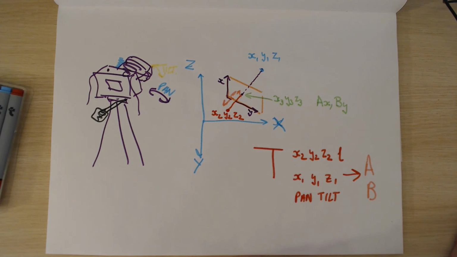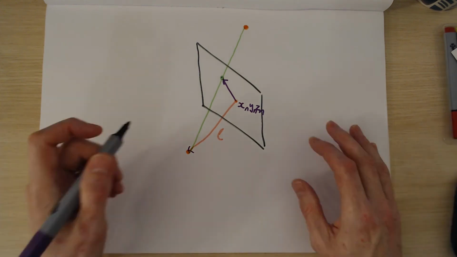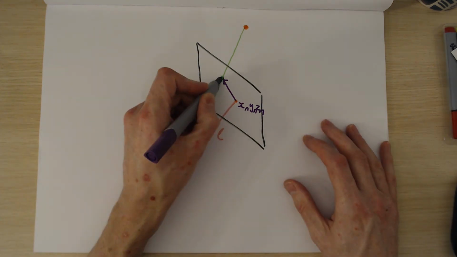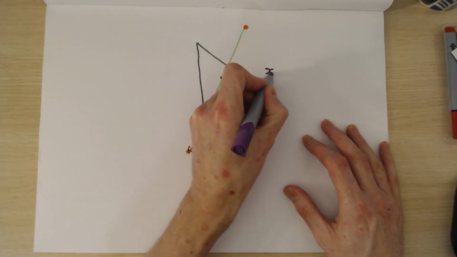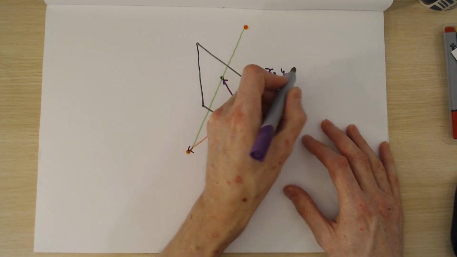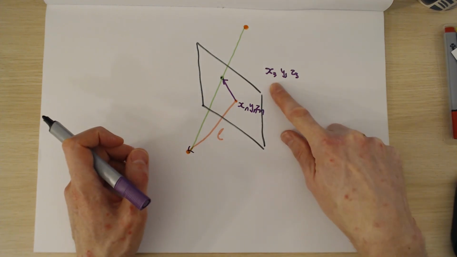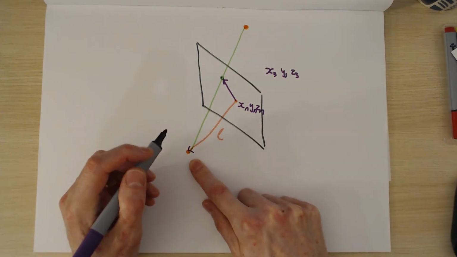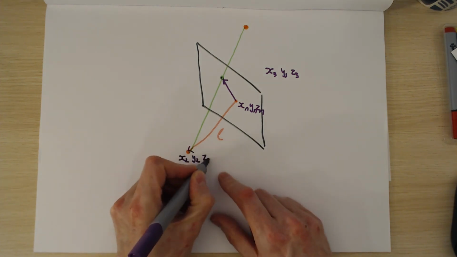So let's have a look at the sort of mathematics that goes into trying to solve that. Okay, so what we're trying to find is the value of this point here, and this we called x3, y3, z3. This is what we want to find out in this step. What do we know? We know this point. We called that x2, y2, z2, and we know this point.